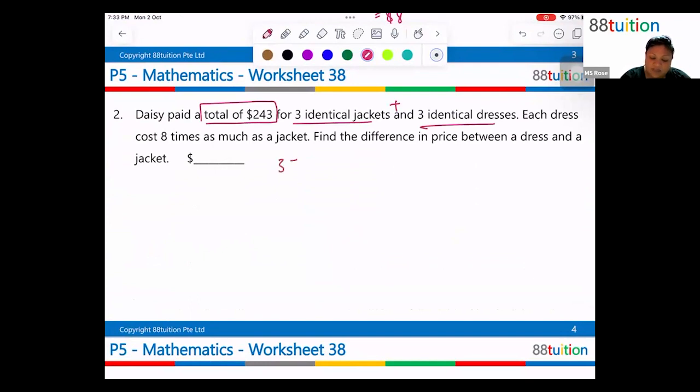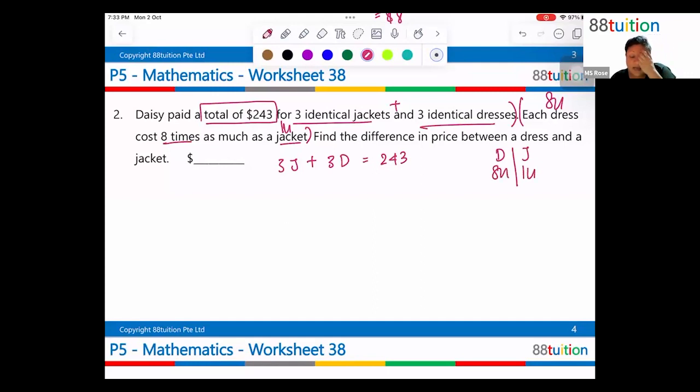Now, they also tell us that each dress costs 8 times as much as a jacket. So dress is to jacket, 8 is to 1.